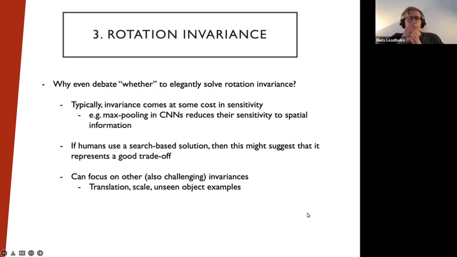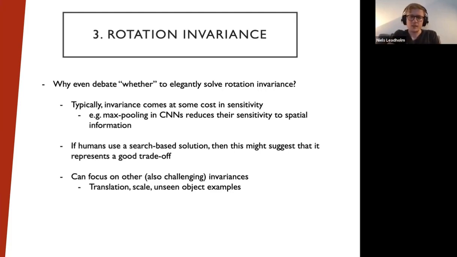So why even debate whether we want to, maybe on some level you'd think surely we want to find some elegant, perfectly rotation invariant representation of objects, but in general, invariance comes at some sort of cost in sensitivity.